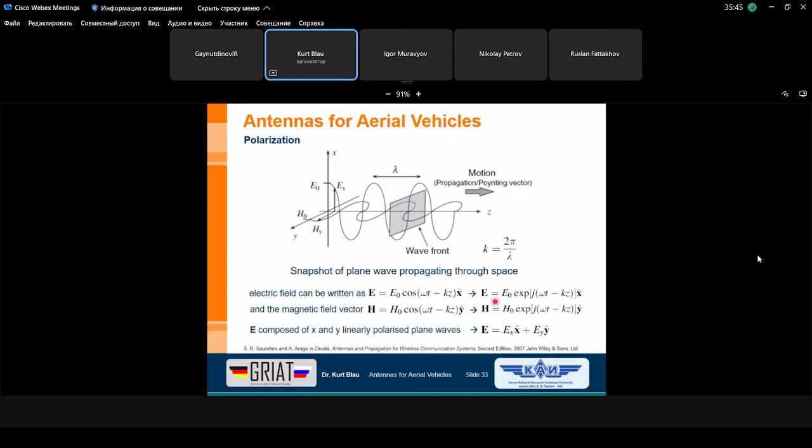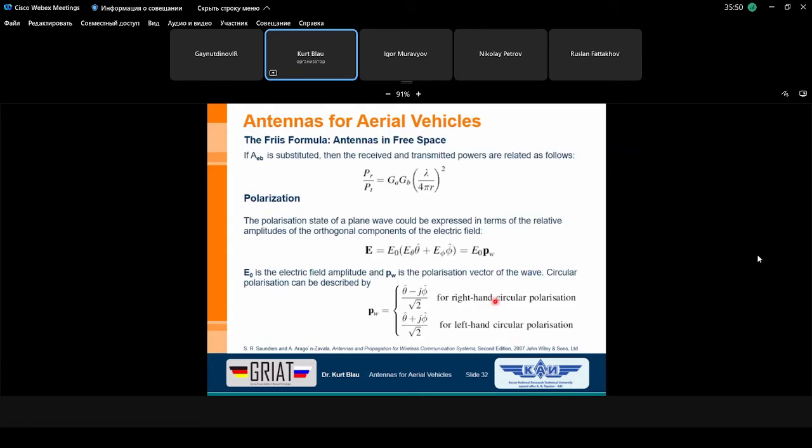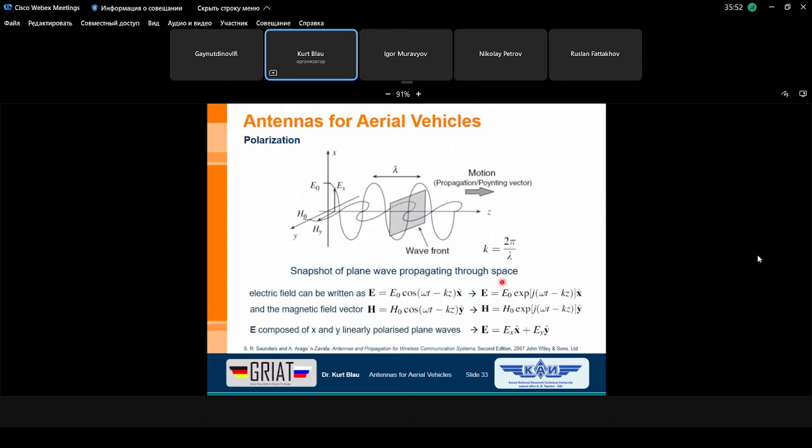It's comparable with that on the previous slide, but it's not written as a polarization vector, but it contains in principle also the components between this direction and the perpendicular direction where the H field is located. And the same you can write also for the H field.